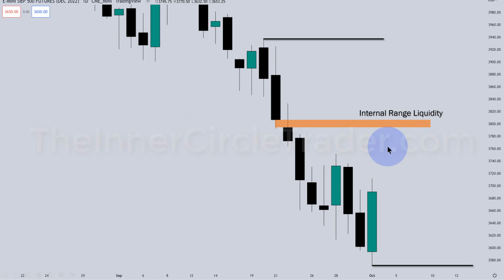So what this is noting is internal range liquidity. What does that mean? From this high to that low, I don't need this to trade above this high to find a trade. So if it's going to draw back up into this area here, this is internal range liquidity.